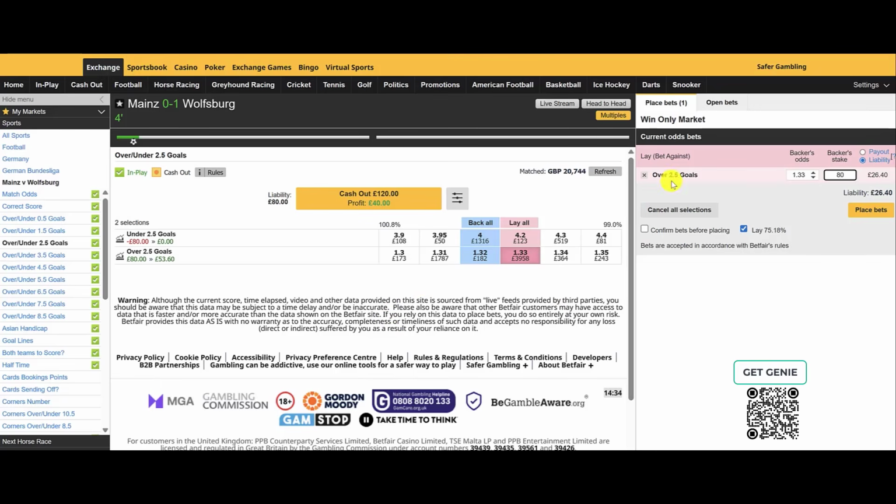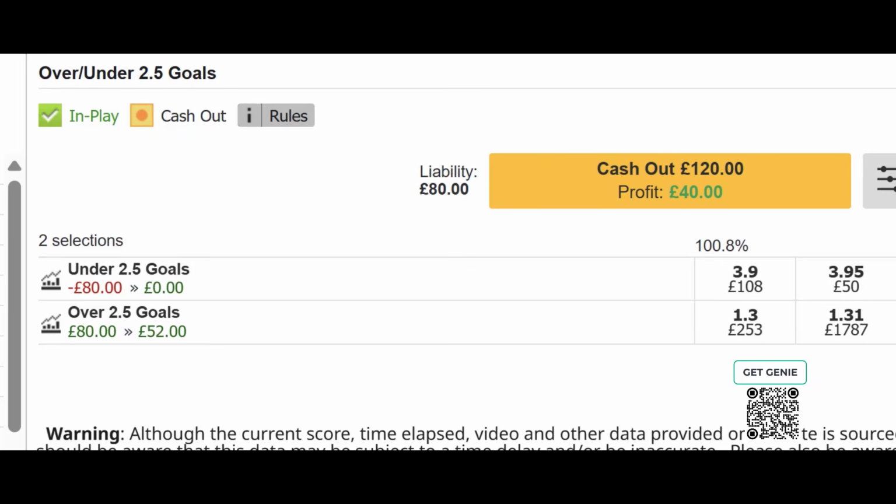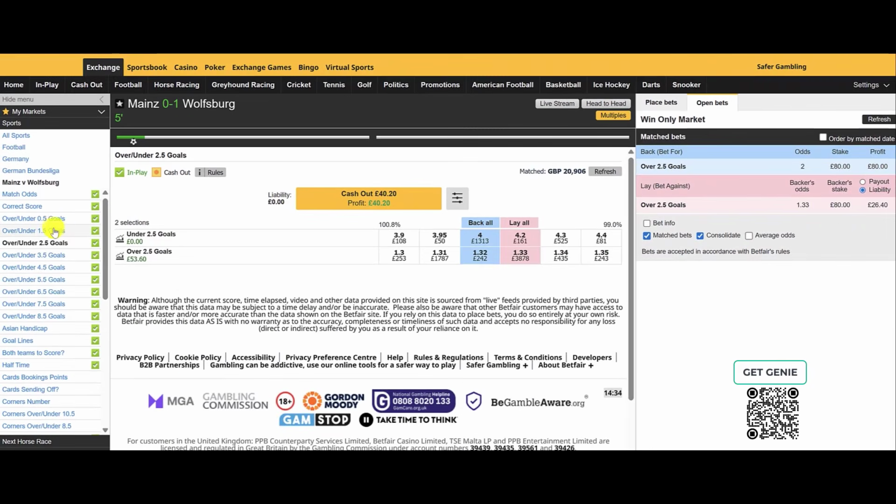But we could just remove the risk from this right now, give ourselves that free bet on over 2.5 goals at the £52, knowing we've still got that 1-1 insurance also. So let's do that. As it stands, we've got no risk in the over and under 2.5 goals market. We still have that 1-1 insurance alive if it does go to 1-1. But if it goes to 2-0 to Wolfsburg, then we will obviously reassess. So anyway, good start in this one.